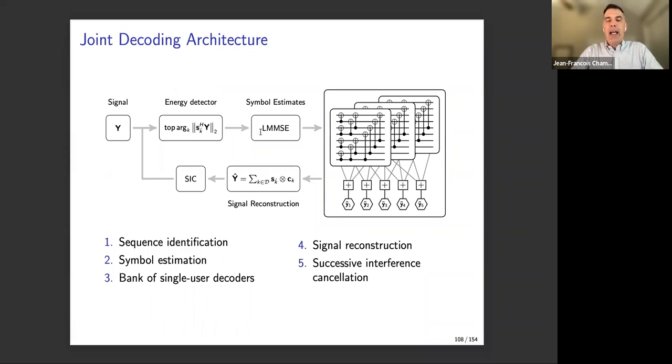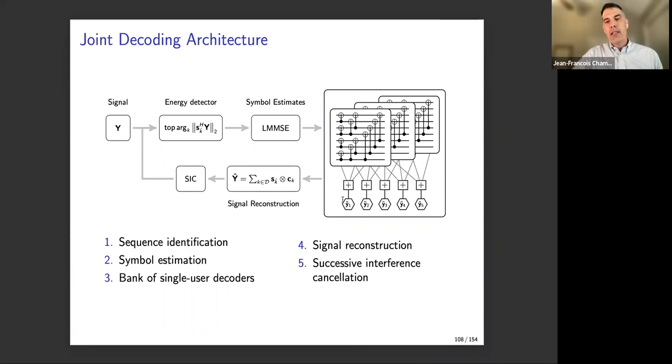And then for every symbol, I'm going to use an LMMSE estimator to estimate the value of the different symbols attached to the different users. So this is the step that is over here that says LMMSE. And that's performed, you can think of it as being performed on a column of matrix Y, or you can think of it as being performed on one of the symbols of the code times the spreading sequences.